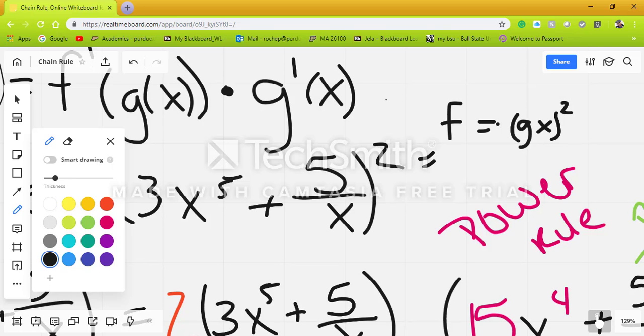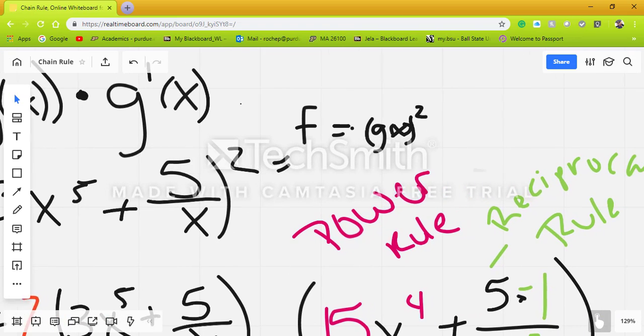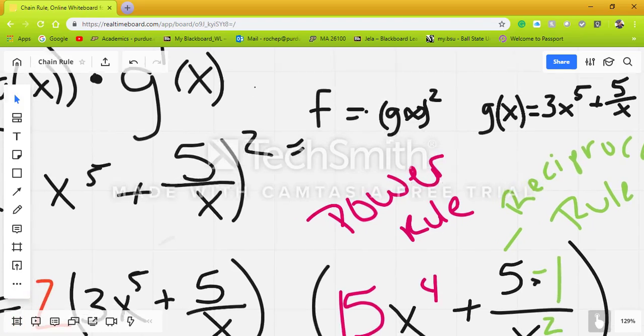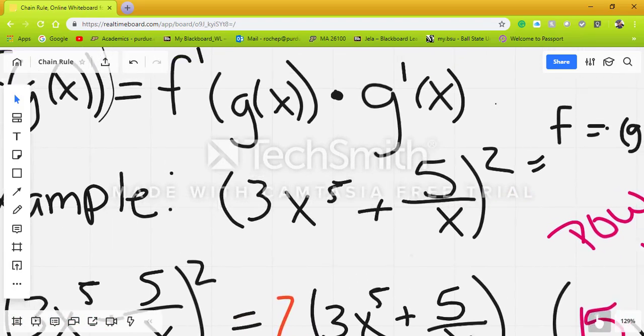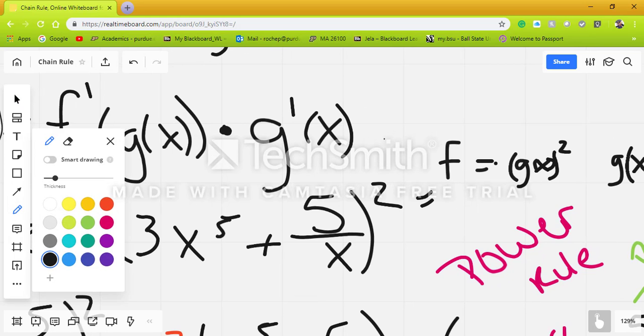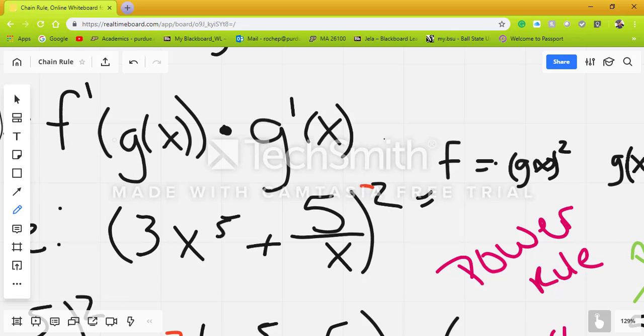So that is our outside function, and then our inside function, which is g of x, would equal 3x to the 5th plus 5 over x. So first we are going to derive our outside function. So in this case, we'll simply be moving our 2 to the front of this equation.